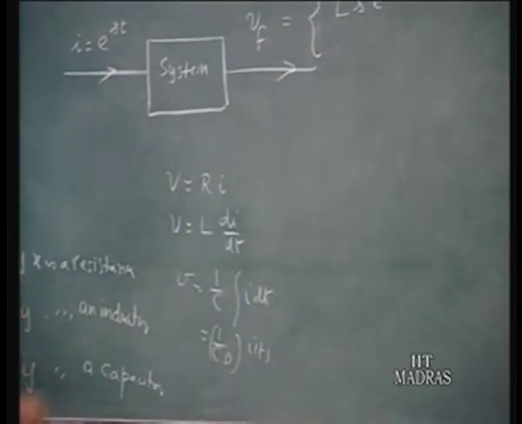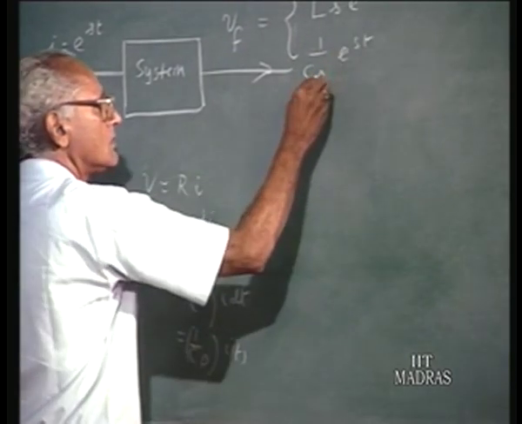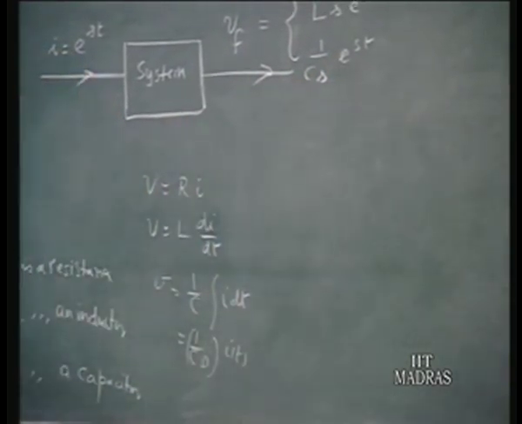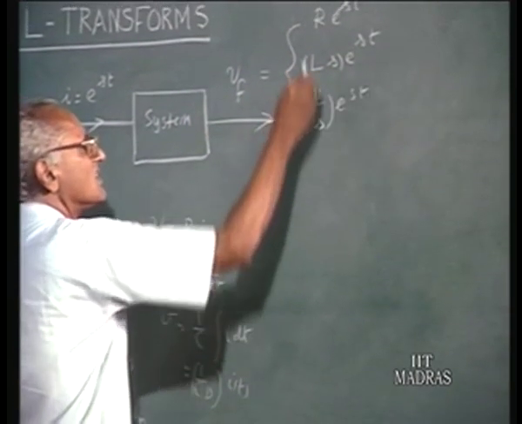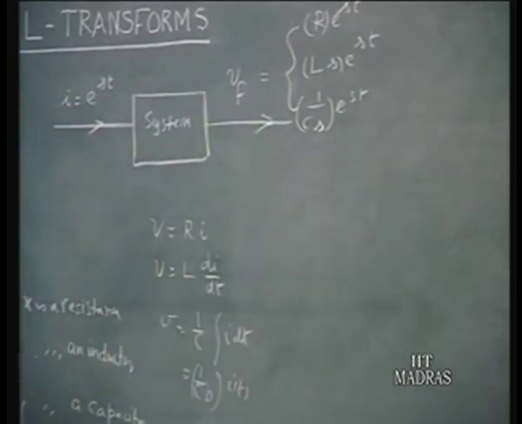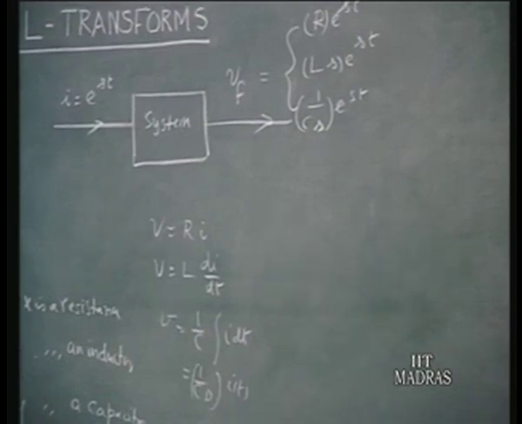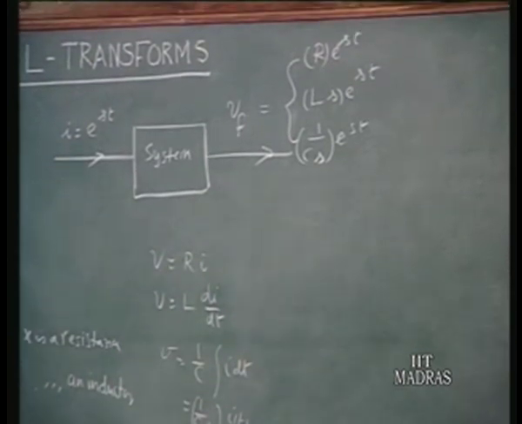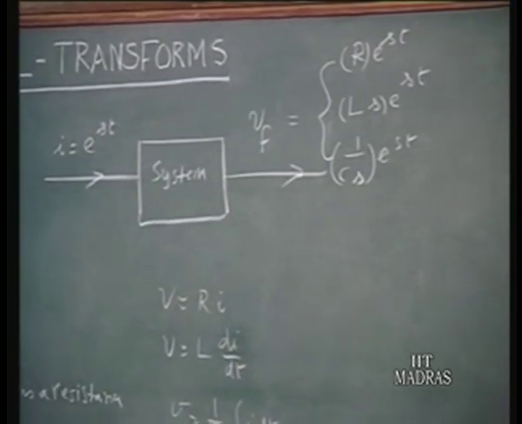Therefore, if i(t) is an exponential input, the forced response for the voltage is 1 over Cs times e to the power of st. So these generalized impedances R, Ls and 1 over Cs can also be thought of as a ratio of the forced responses of the voltage to the excitation, when the current excitation is in the form e to the power of st. So this is an alternate way of looking at this.